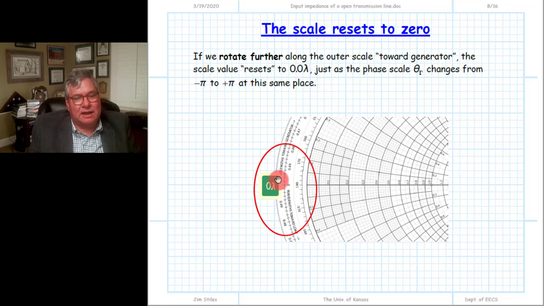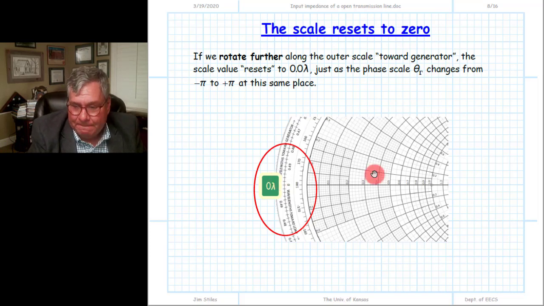We've crossed over the state line, the mile marker values have reset back to 0, and so now we need to keep going. And the question is, how far do we need to go? How much further? Once we determine that, we add that distance to this initial marker of 0, and that will tell us the marker where we need to stop, the outer scale value where the rotation should end.